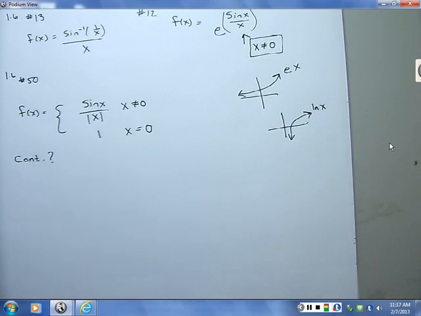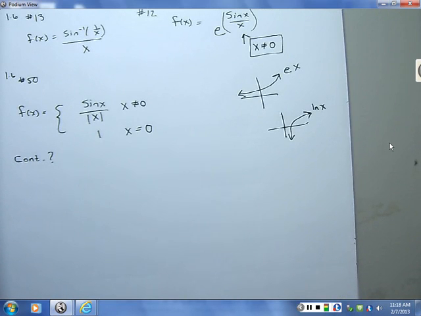Part B says the limit has to exist at all points, and the function has to be defined. If I plug in 0, I get 1, and if I plug in anything else, I have a defined function. So it's defined at every point. So part A passes. Part B is actually where we need to check.